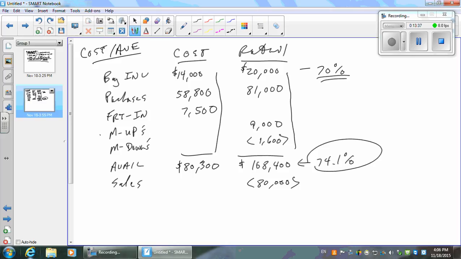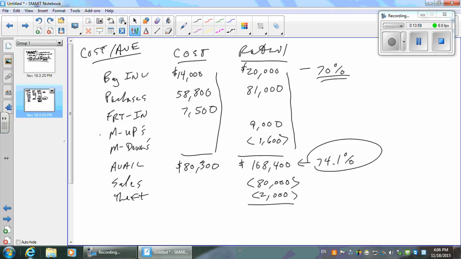Okay. And then what are you going to do with theft? Because we have a theft here. And we don't know what the cost of the goods were that were stolen. They just gave us a retail, so they must intend for it not to be abnormal. It's normal to have some theft. 2,000. So it's kind of like you had 82,000 sales, huh?